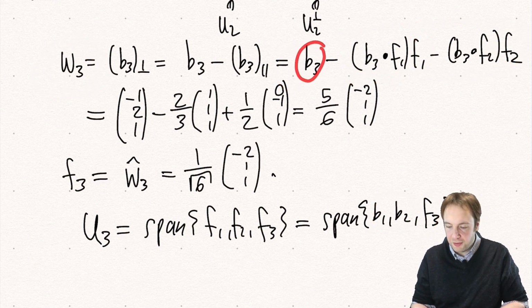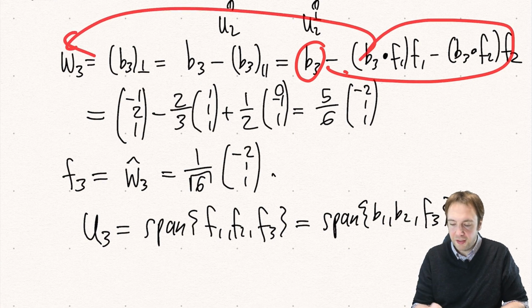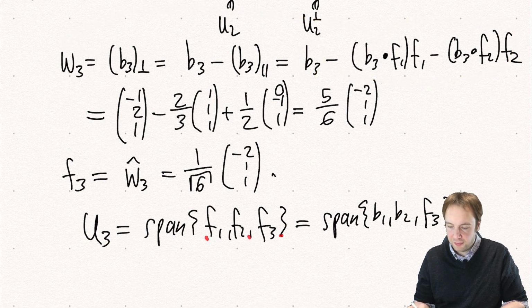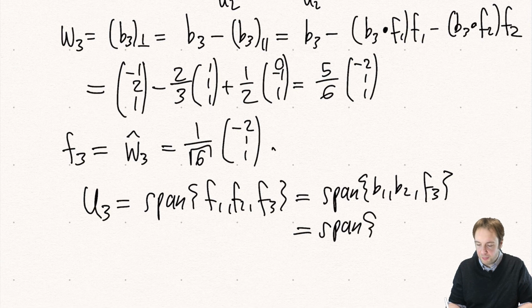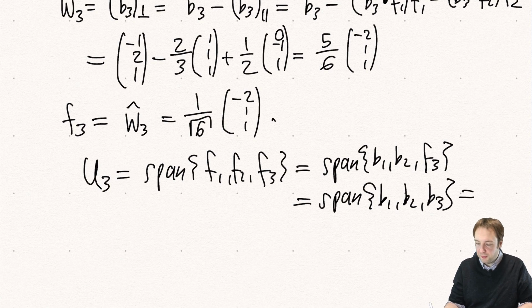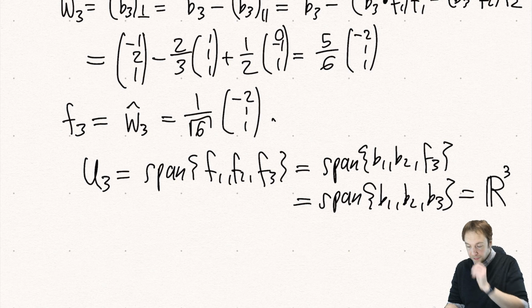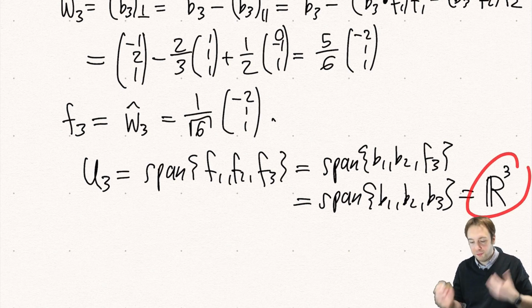Or I can also write B3, if I put this on the other side, as a linear combination of B1, B2 and F1, F2 and F3. So the statement is that this is again the same as the span of B1, B2, B3. And in this case, this was what we started with, this was R3. Or in general, this will be the subspace we started with.